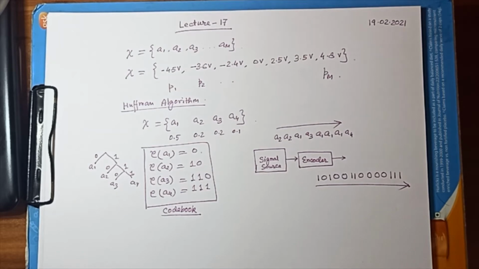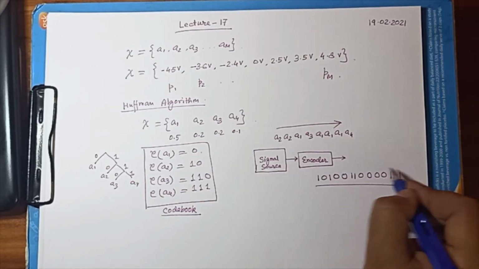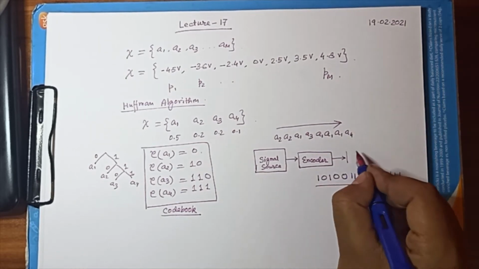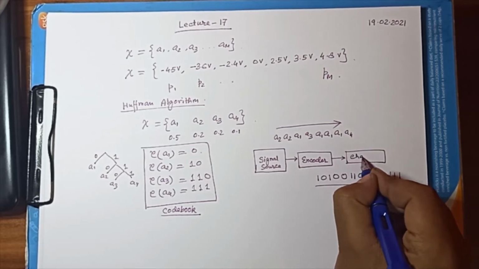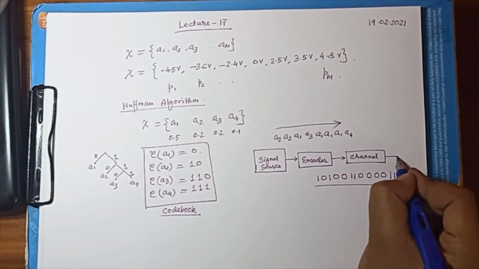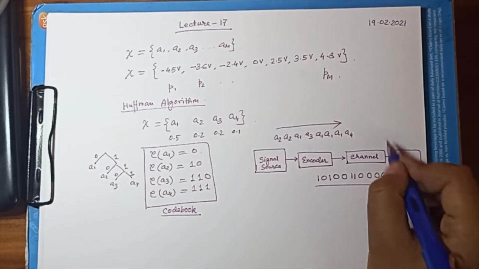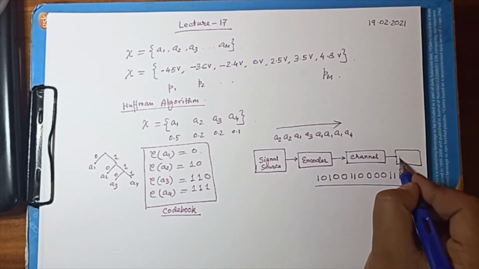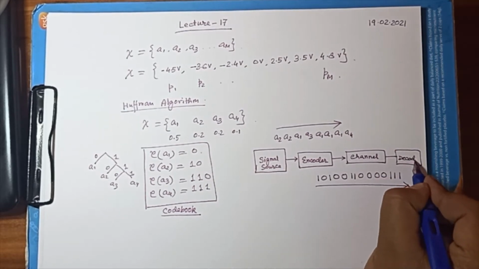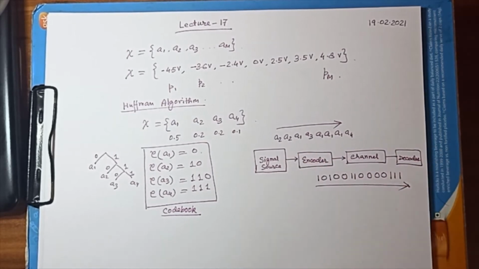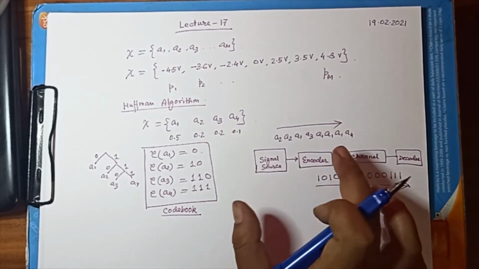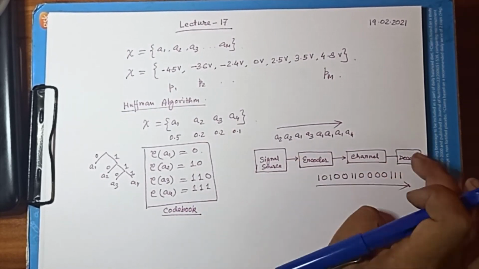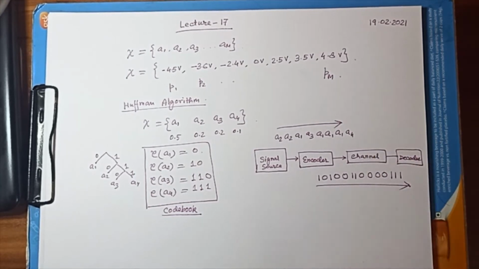Now the decoder. There will be the channel and everything else, so I am assuming everything to be a channel. Say this is a discrete or digital channel. Then on the receiver side the sequence has to pass through a decoder. This encoder and decoder are like a couple. Whatever the encoder does, the decoder does just the inverse to get back the symbols.